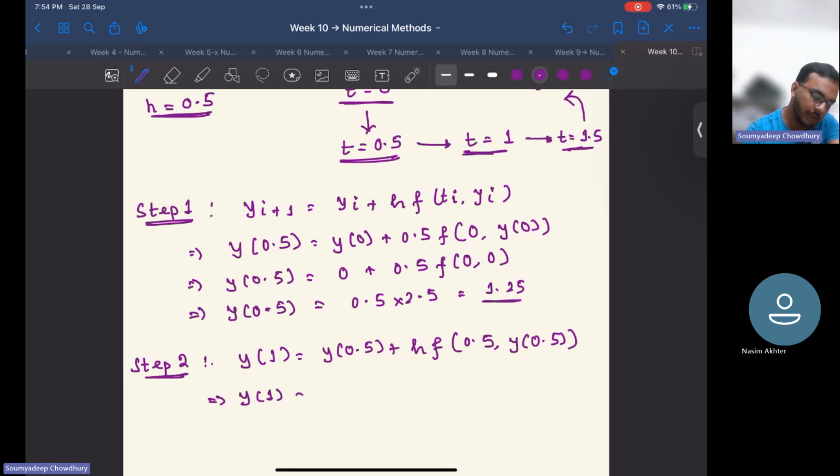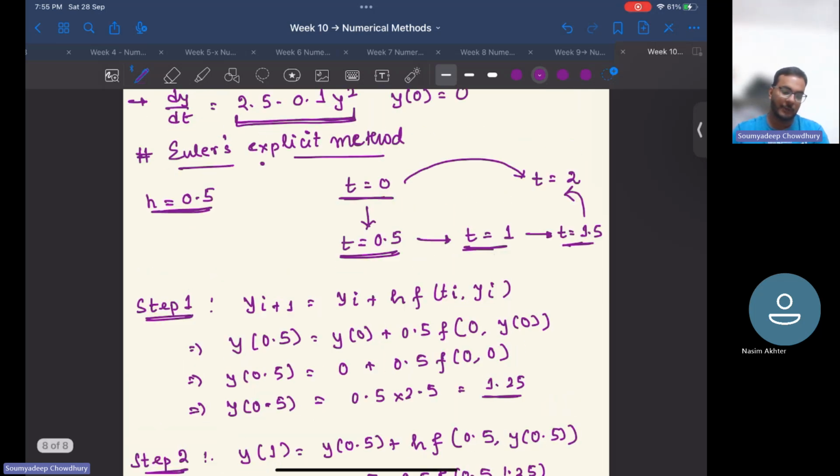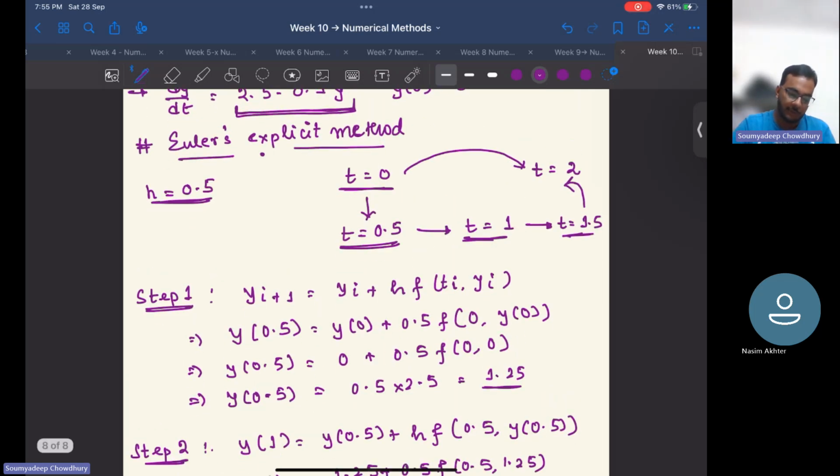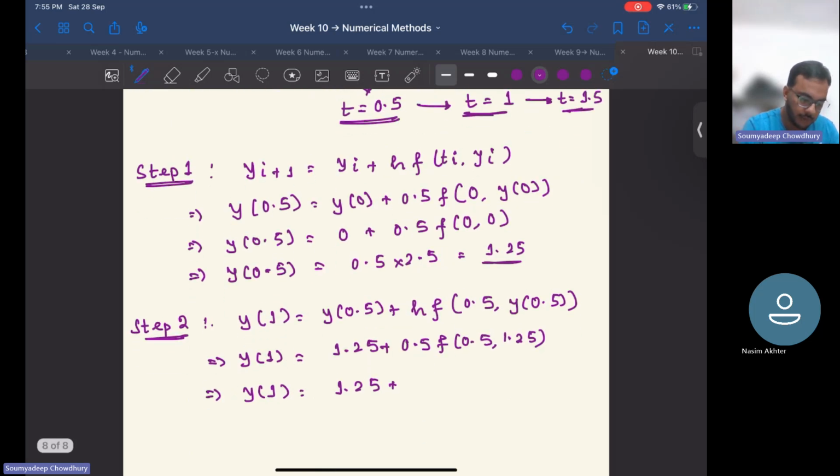So this step will be finding out y of 1, right? y of 0.5 from the previous step we get as 1.25, so 0.5 f of 0.5 comma 1.25. So y of 1 is 1.25 plus. So what is f of 0.5 comma 1.25? In place of y we'll be replacing 1.25, right? 2.5 minus 0.1 into 1.25 squared, which is 2.34375.